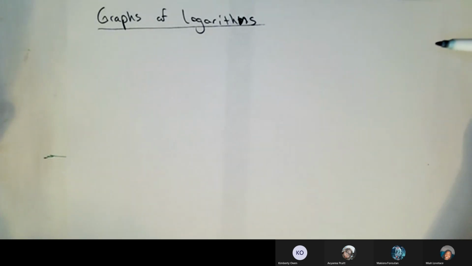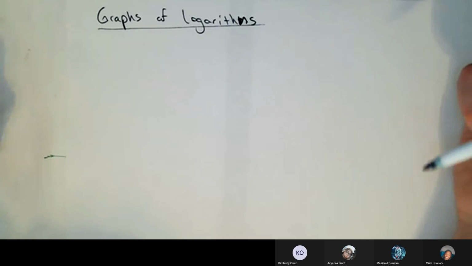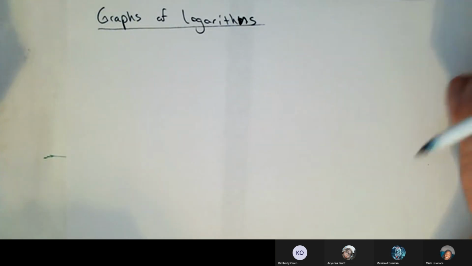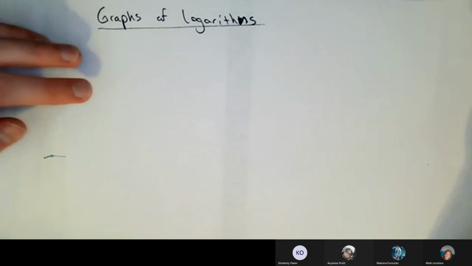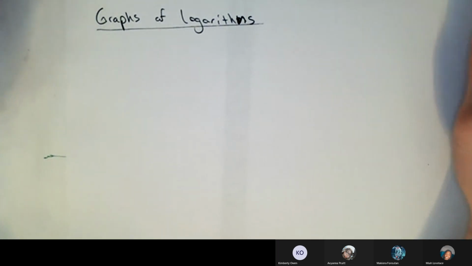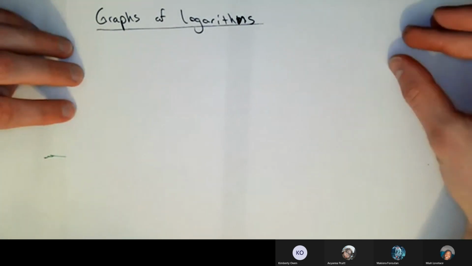What is the domain and range of the function? How are the functions useful, like in modeling maybe? Like what kind of real world problems does this function solve for us? Or what kind of real world problems does it model for us? So let's start looking at those things.